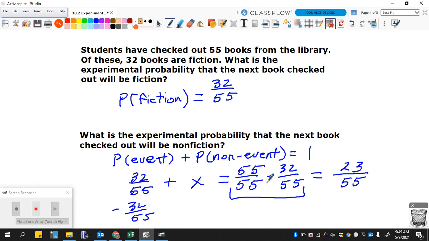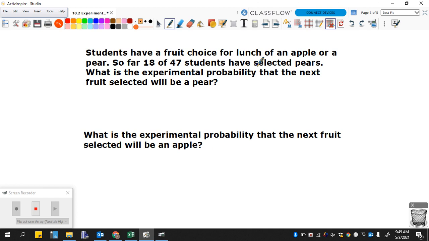Okay, so students have a fruit choice for lunch of an apple or a pear. So far, 18 of 47 students have selected pears. Okay, so the probability of a pear is 18 out of 47. Okay, so what's the probability the next fruit will be an apple?